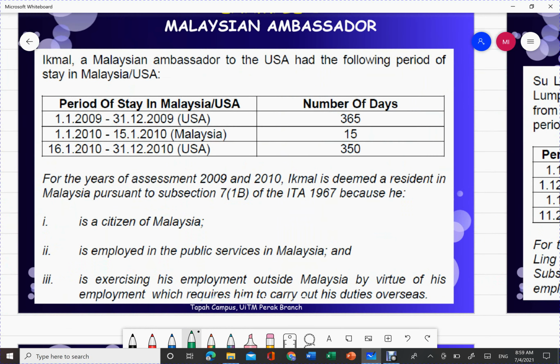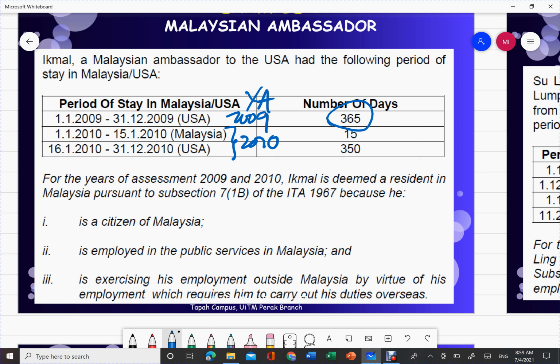It says that Iqmal is a Malaysian ambassador to the USA and had the following period of stay in Malaysia and the US, for YA 2009 and 2010. In 2009, he stayed in the USA for 365 days.